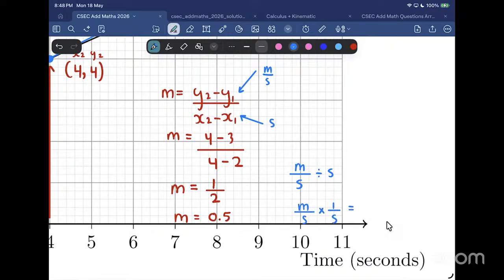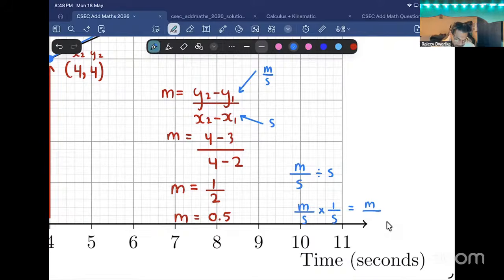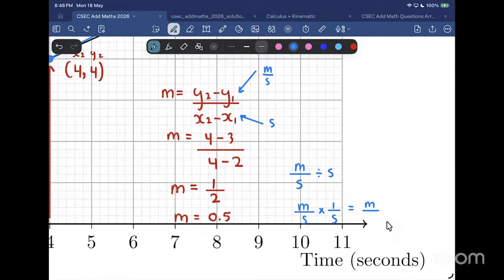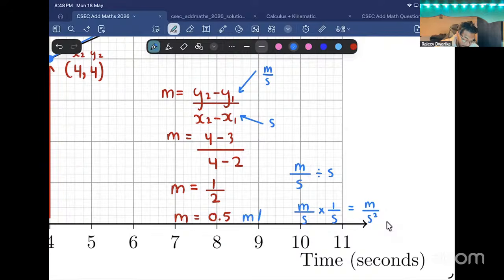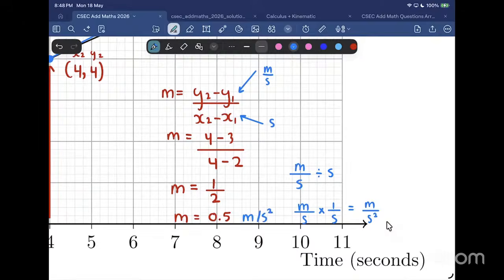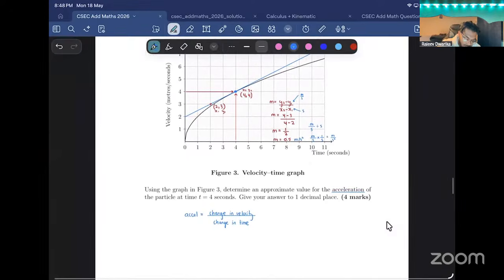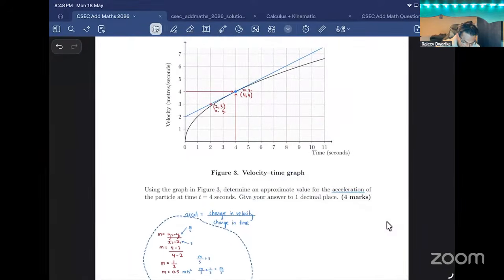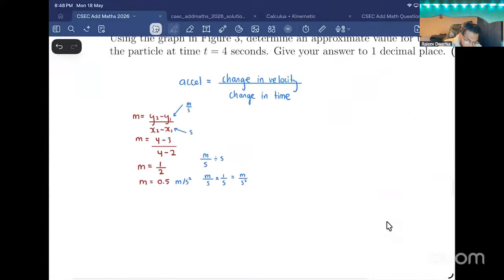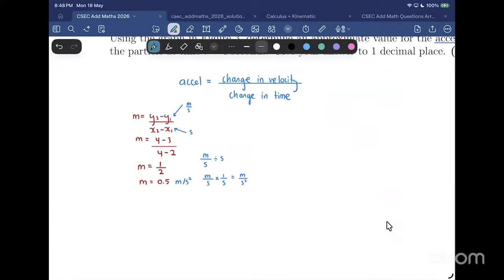When you work that out, that'll be meters over what? Meters over seconds squared, which we know is acceleration. Is that not acceleration? Yes, sir. So that was the answer for this question: 0.5 meters per second squared.